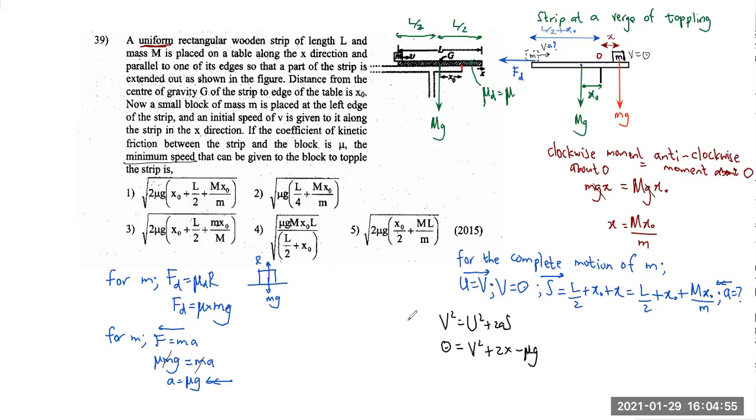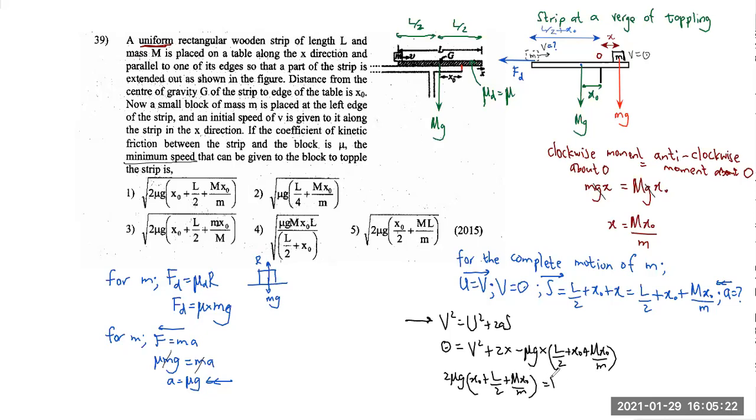We are applying the equation in this direction. S, U, all are in that direction. Minus mu g into displacement. The whole thing must be substituted. What is that? L by 2 plus x naught plus capital M x naught over simple m. Let's take this whole thing to the other side. You will be getting 2 mu g within brackets. Let's write x naught first: x naught plus L by 2 plus capital M x naught over simple m.